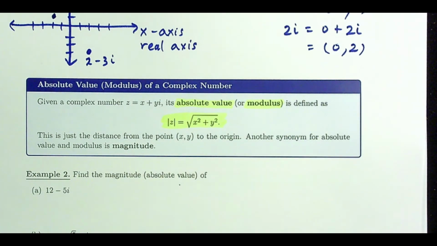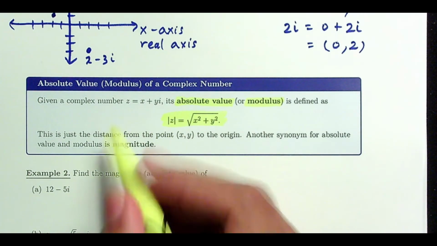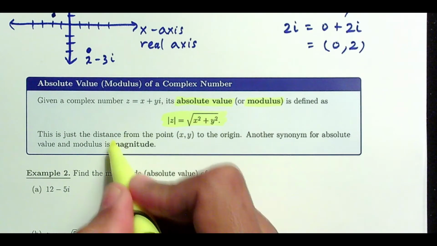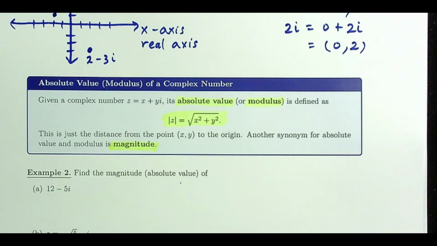So the absolute value of z, if z is x plus yi, is going to be the square root of x squared plus y squared. Okay, and there's a third word that is also used as a synonym for absolute value besides modulus, and it is magnitude. So if they ever ask you what is the absolute value of a complex number, what is the modulus of a complex number, or what is the magnitude of a complex number, it's all the same thing.